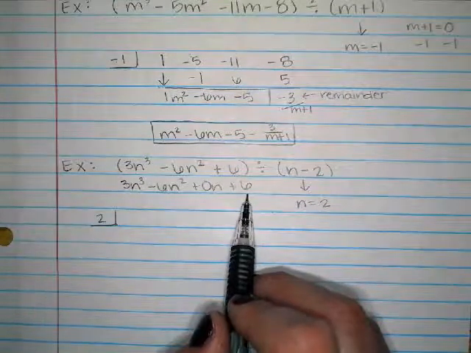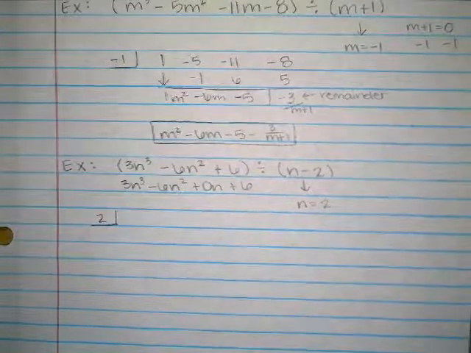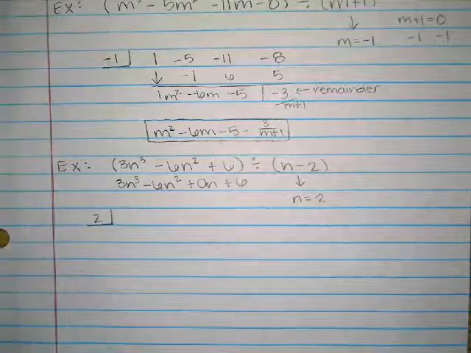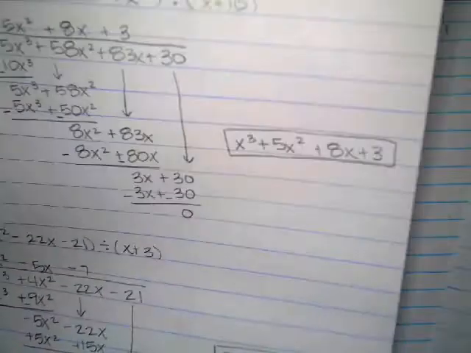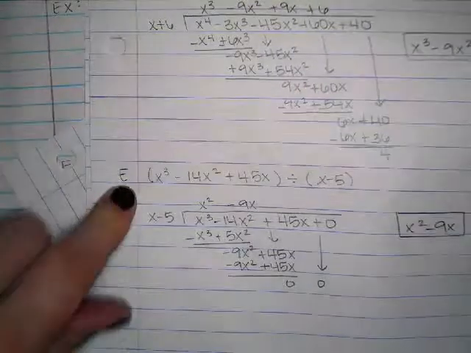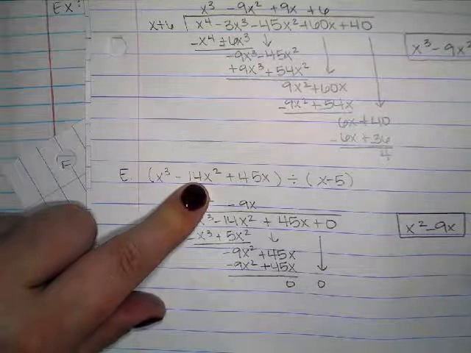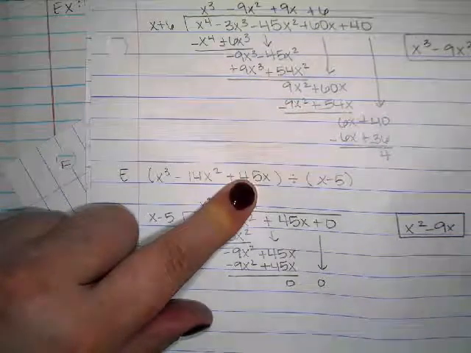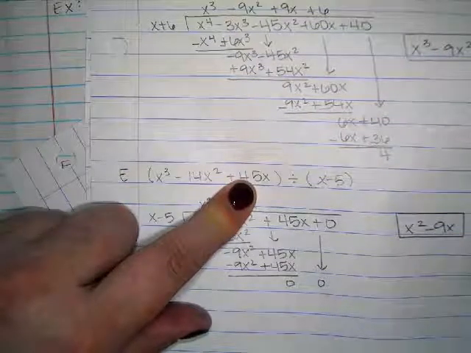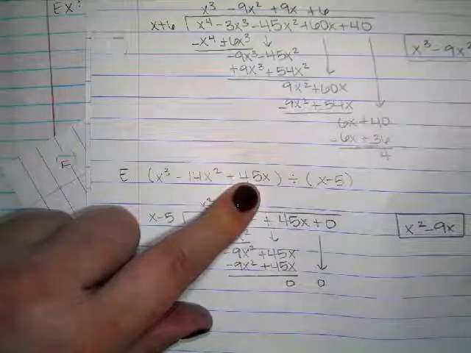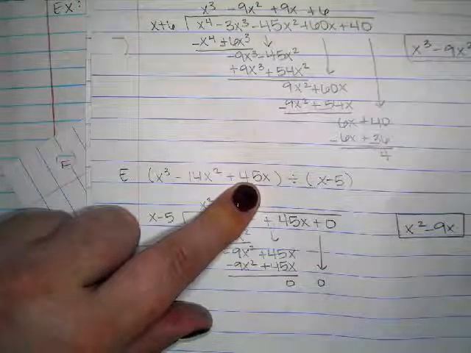Did everybody see that in the long division activity? I don't remember. Let me find it. It was problem E. Problem E had x to the third minus 14x squared plus 45x. So it ended on an x, which meant that the missing term was on the end. Yeah, so you had to have a plus 0.